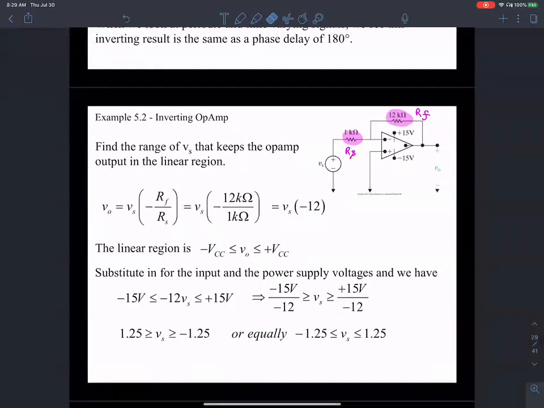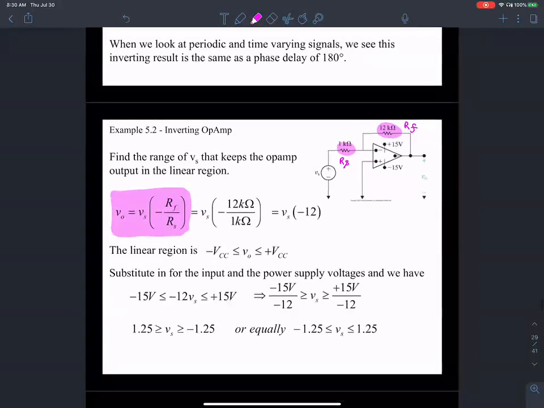All we have done is plug the numbers into the equation. The equation still is the one we derived just now, negative RF over RS times Vs. We plugged in the numbers carefully. That's the idea of the inverting amplifier.